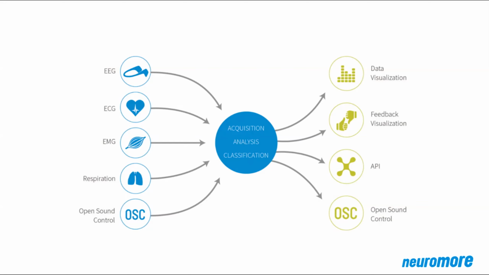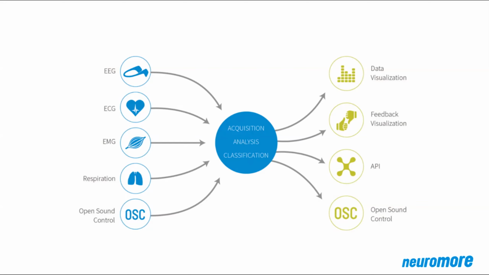And on the other hand, there are some outputs. There's some simple data visualizations. There's feedback visualizations. With feedback visualizations, we talk about any kind of neurofeedback applications, biofeedback applications. We also have some pre-created games that can be connected to the neuromore studio.